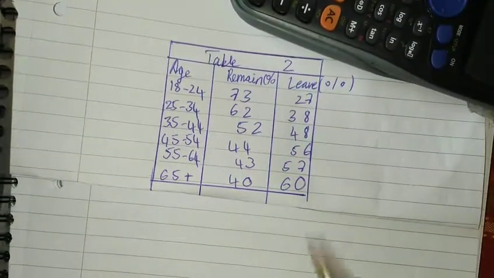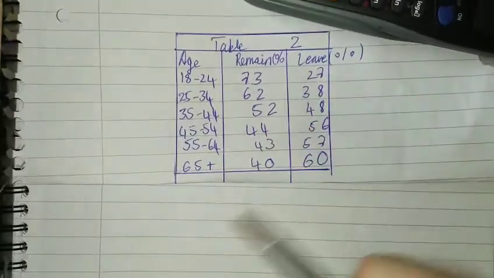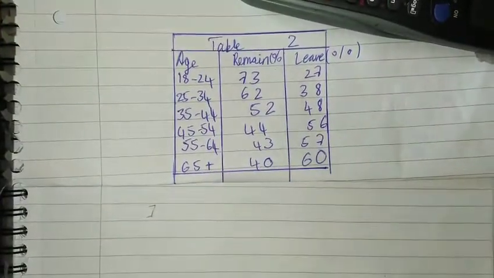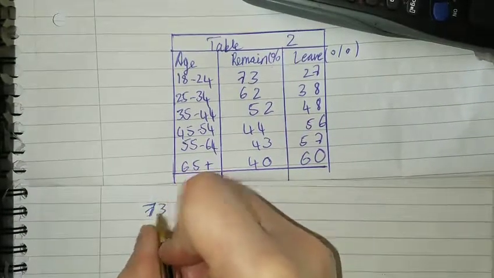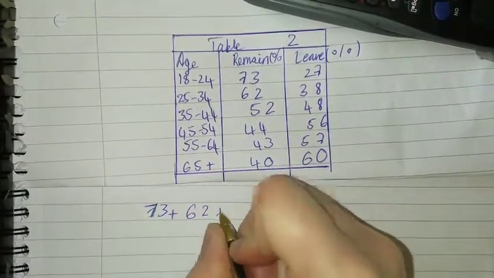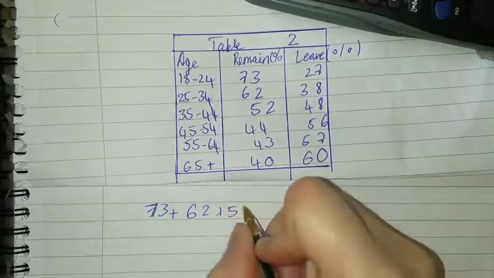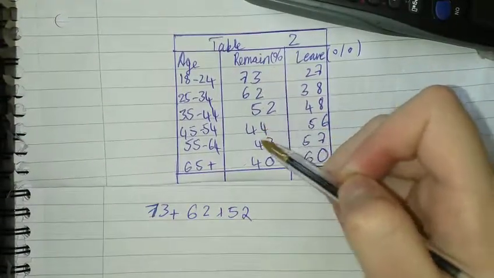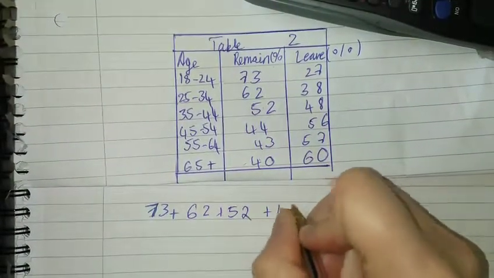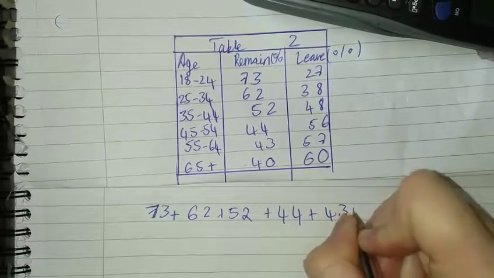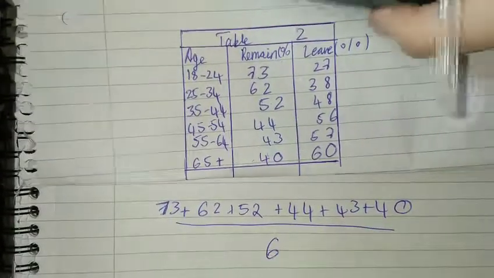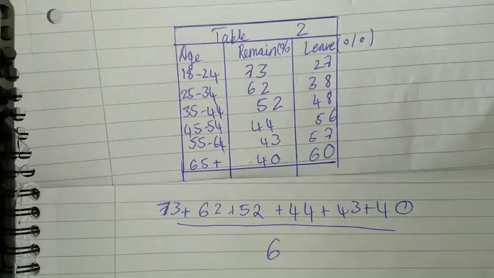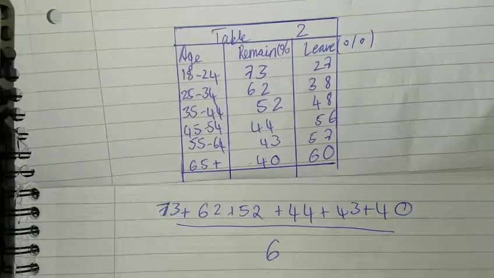So if we get the mean for the remain, we'd have to add up 73 plus 62 plus, we're adding all these together, 52 plus 44 plus 43 plus 40 and divided by 6, as there are 1, 2, 3, 4, 5, 6 values. So that gives us 73.